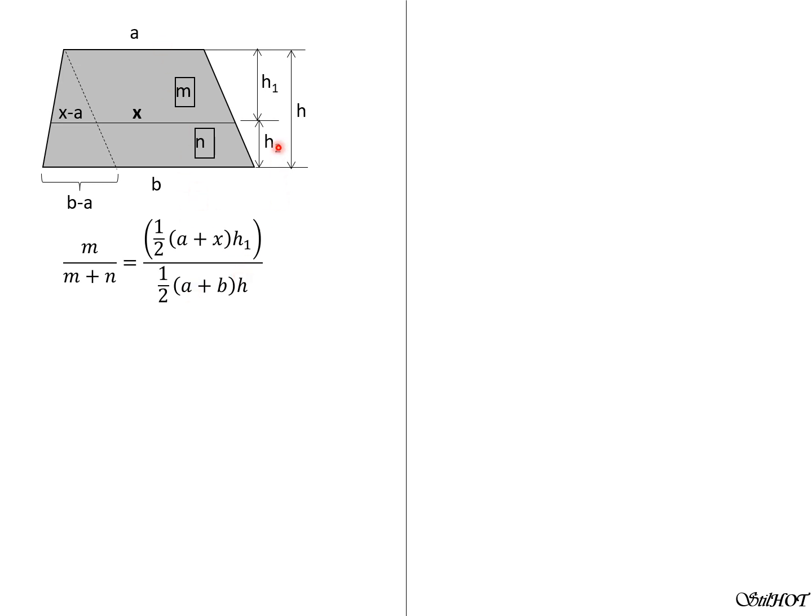Then by similar triangles, here, this triangle here, we have h1 as to x minus a equals h as to b minus a. So expressing h1 in terms of the rest.